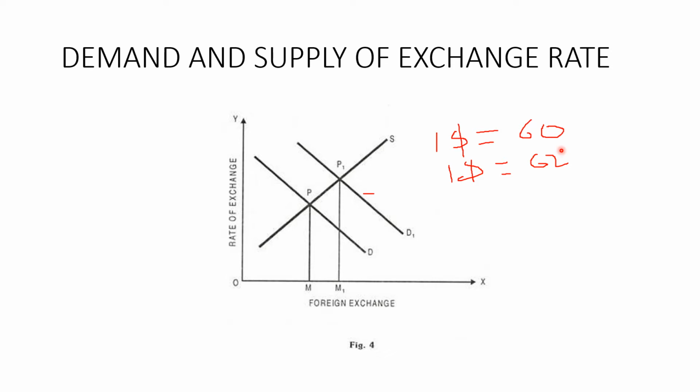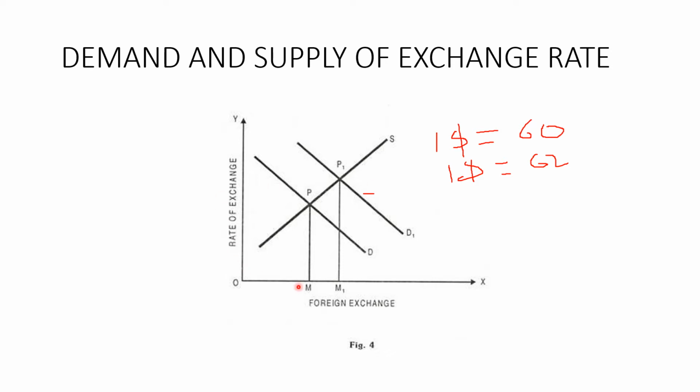Initially they used to get 60 rupees worth of goods by paying $1. Now they are getting 62 worth of goods and services by paying $1.